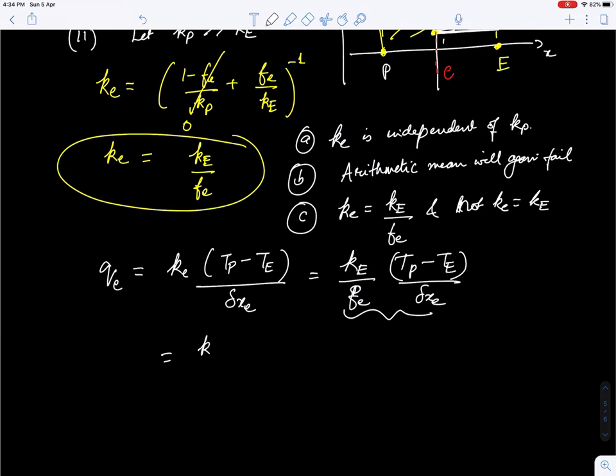Now if you look at this product, Fe into delta xe, if you remember, it becomes delta xe plus.